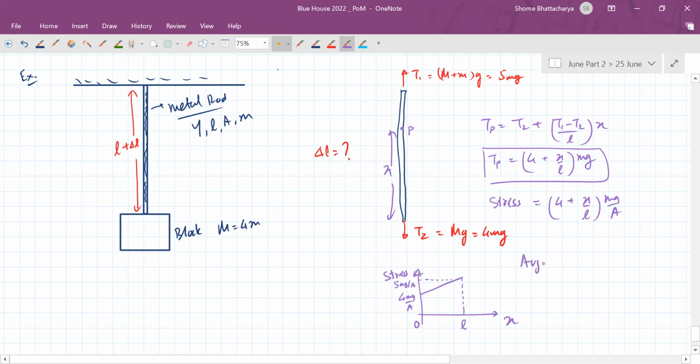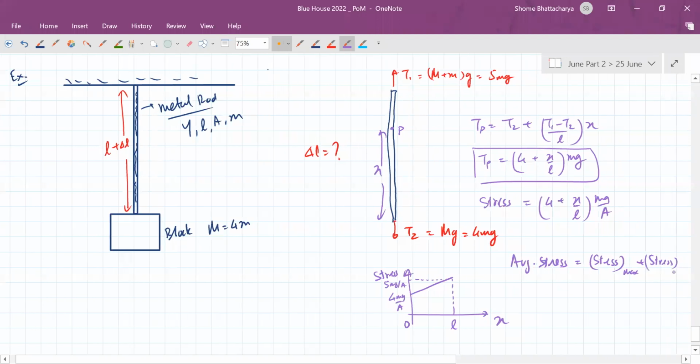So average stress method, if you use, because it is linear, it will be arithmetic mean of maximum and minimum. But remember that you can use this average method only when it is a linearly varying function.